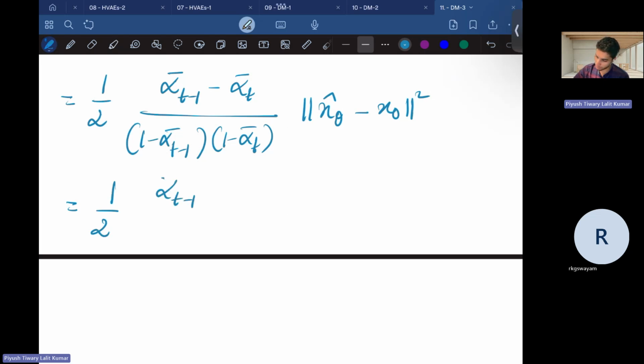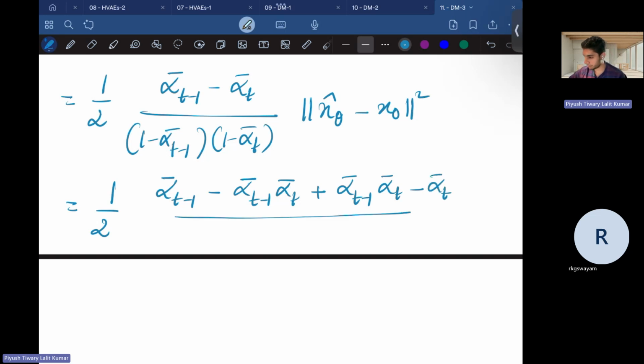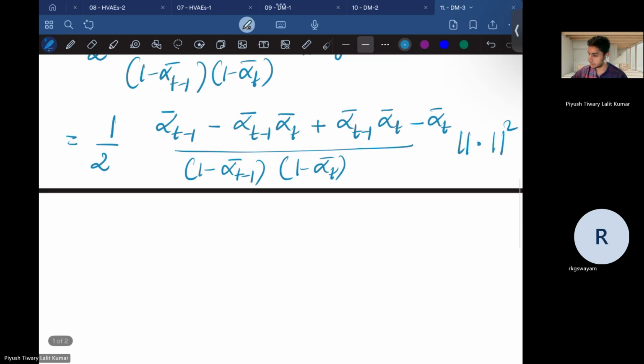So this is alpha t minus 1 bar minus. What I'm going to do is add and subtract something. I'm going to subtract alpha t minus 1 bar alpha t bar and then add the same thing, and there is always this alpha t bar that is already there. This thing divided by 1 minus alpha t minus 1 bar into 1 minus alpha t bar, with this norm square. I'm just writing it as norm square, but I hope you understand what I'm referring to.